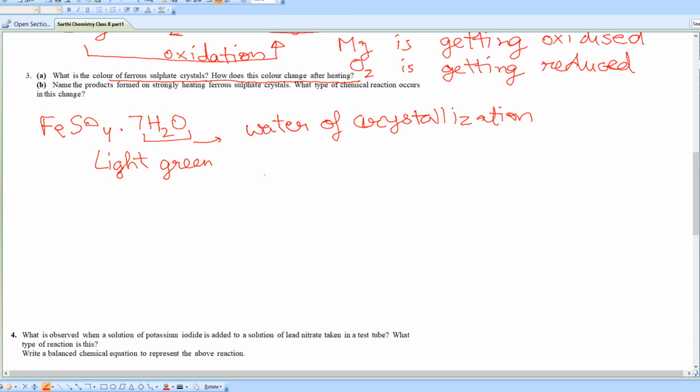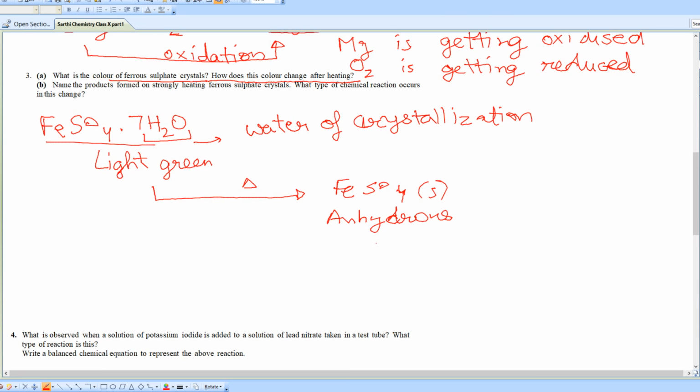So what happens is that when we heat those crystals, upon heating, they lose this water of crystallization to form anhydrous ferrous sulfate crystal, which is solid and white. So we have anhydrous ferrous sulfate, that is, it doesn't contain water anymore, and these are the hydrated ferrous sulfate crystals.